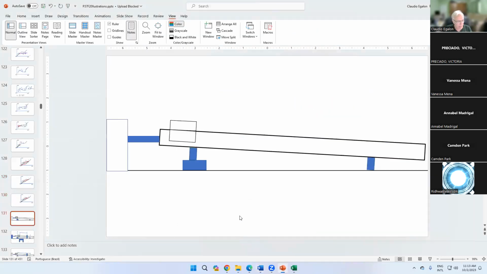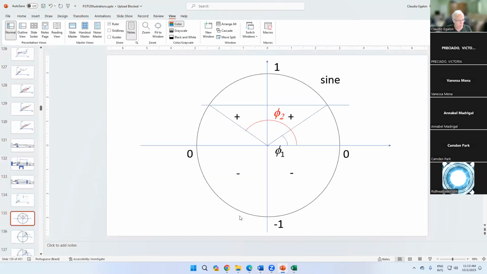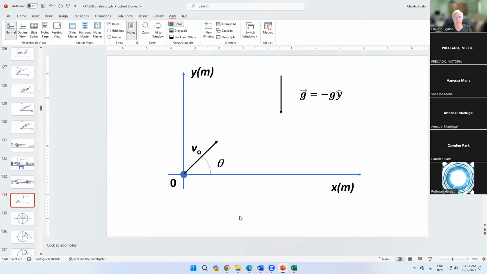Here is the illustration. Don't forget I'm setting up the y-axis upwards and the x-axis to the right. Don't forget, this object becomes a projectile after there is no force accelerating it.